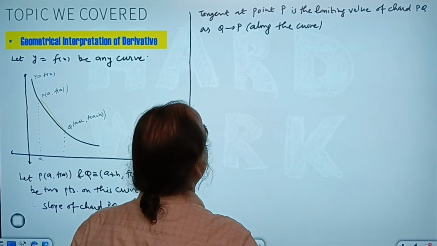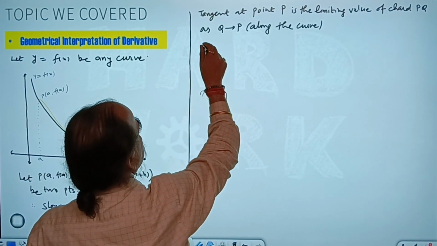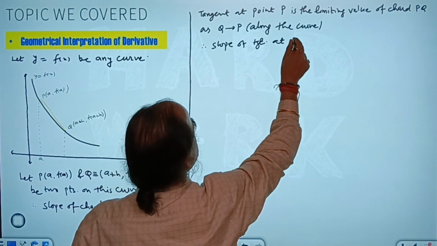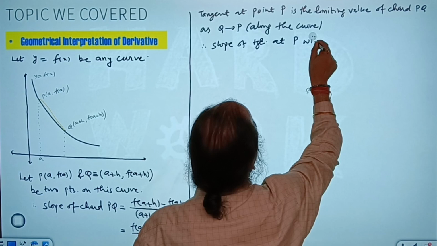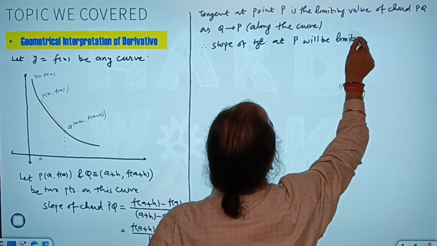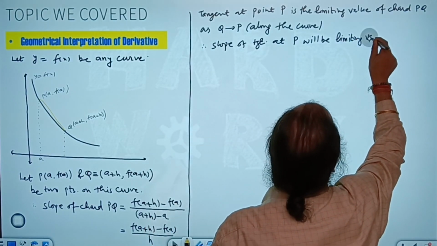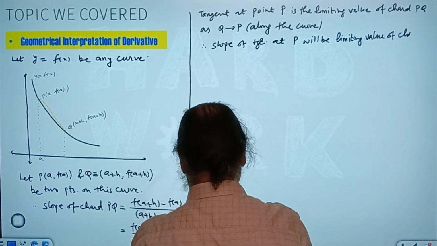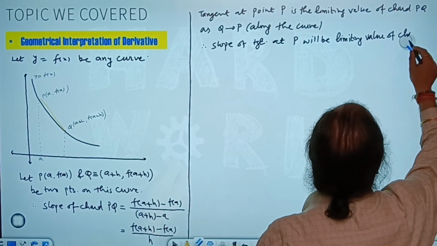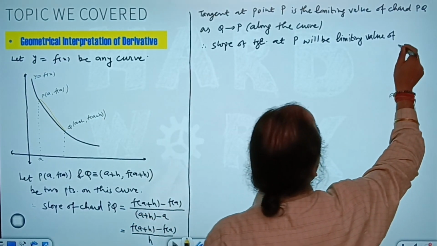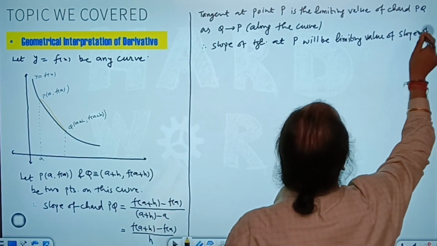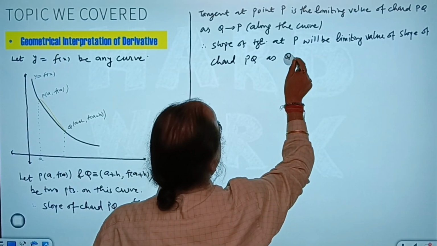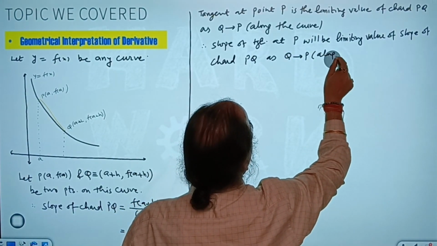So whenever the tangent is the limiting value of chord PQ, the slope of tangent at P will be the limiting value of the slope of chord PQ as Q tends to P along the curve.